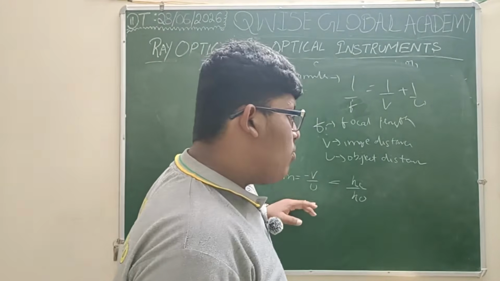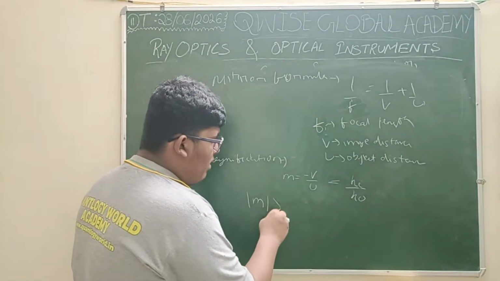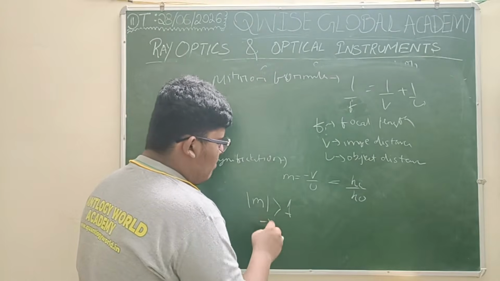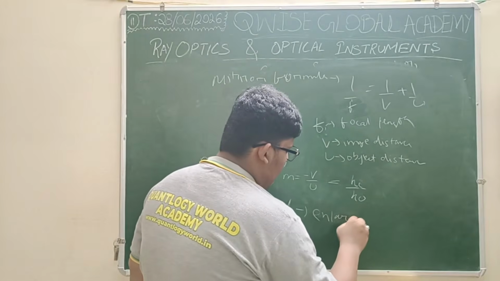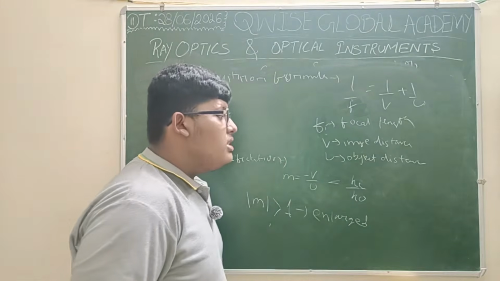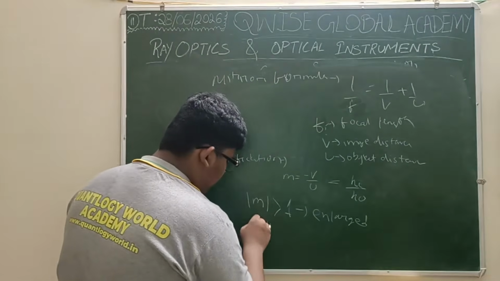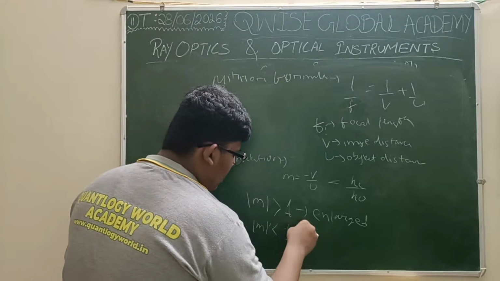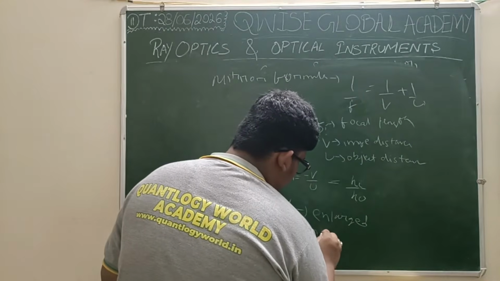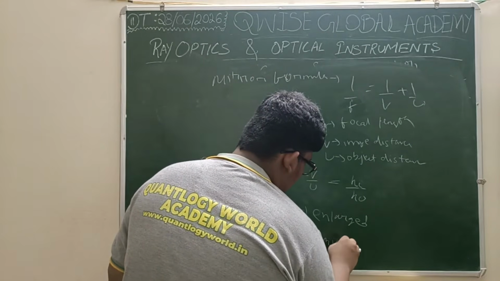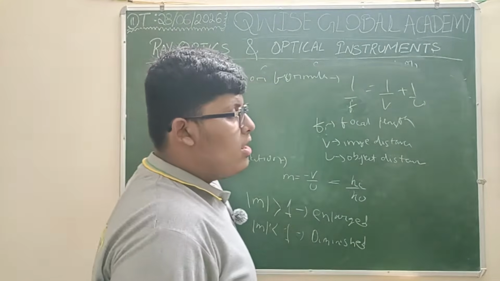This is the magnification formula. And another thing, if mod of m is greater than 1, then the image formed is enlarged, means height of the image is more than the height of the object. If mod of m is less than 1, then the image formed is diminished, means height of the image is smaller than the height of the object.